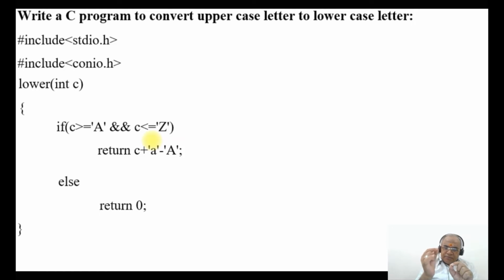If I write capital B, it should convert it into small b. But if I enter by mistake a small letter a, it should return the same value without converting. So that is the condition, and that's why it says return c.